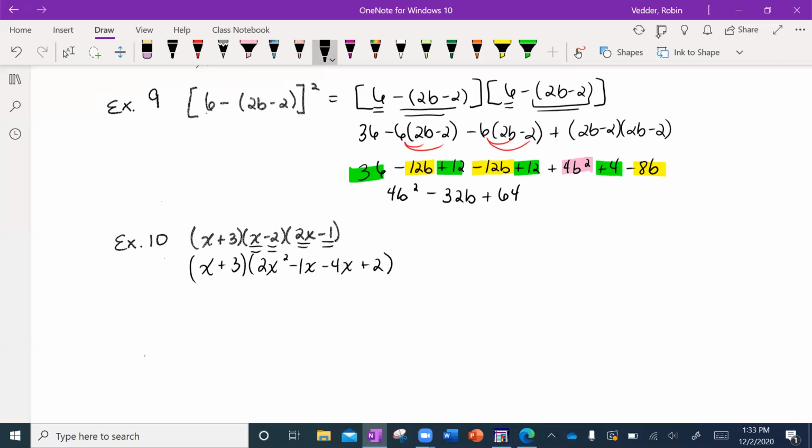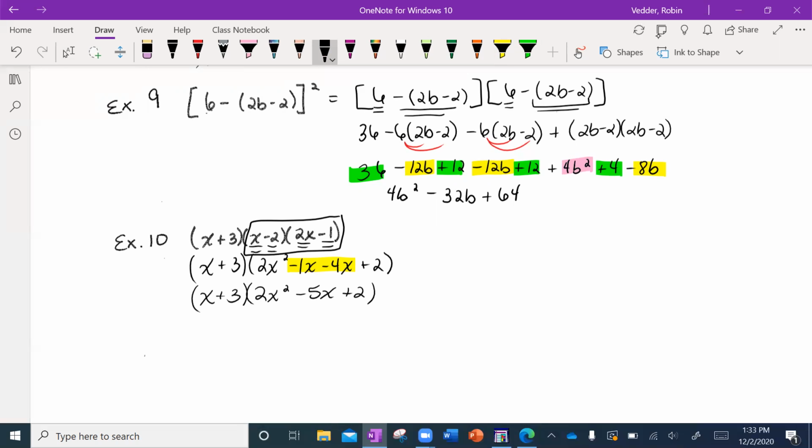So I would first start by FOILing the second set of parentheses together. And of course, before I do anything else, I would combine those like terms. So simplify as much as possible before you use the distributive property. -1 minus 4 is a -5x. All right, so I would simplify it that much first.